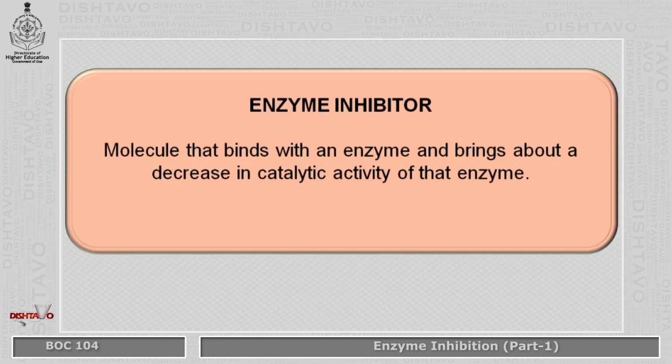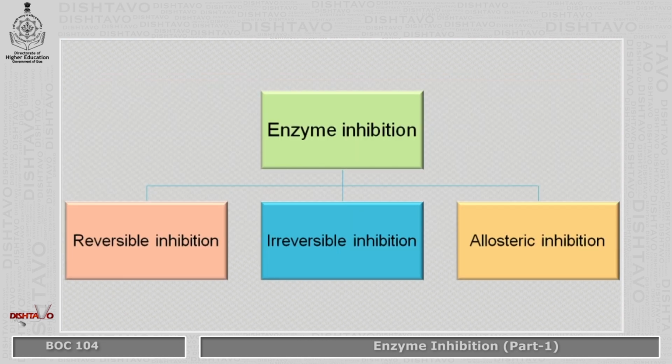Now coming to enzyme inhibitor. What are enzyme inhibitors? A molecule that binds with an enzyme and brings about a decrease in catalytic activity of that enzyme is called as enzyme inhibitor. Then what is enzyme inhibition?